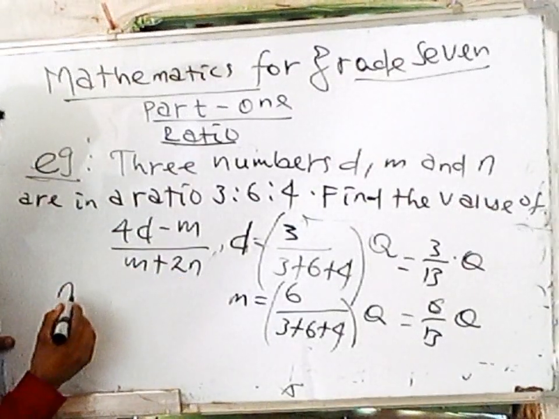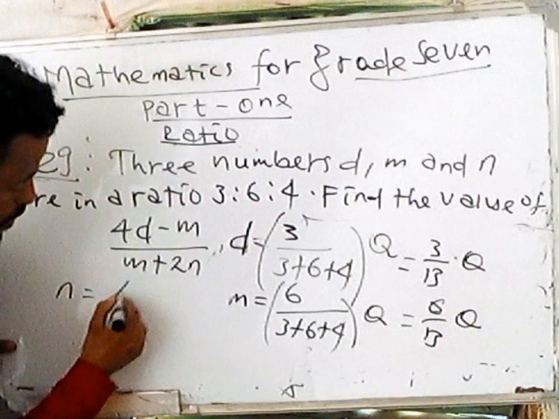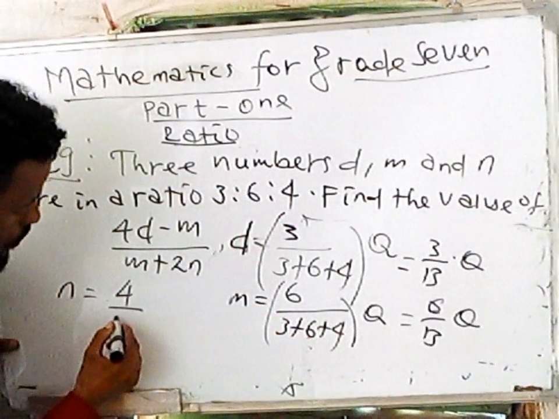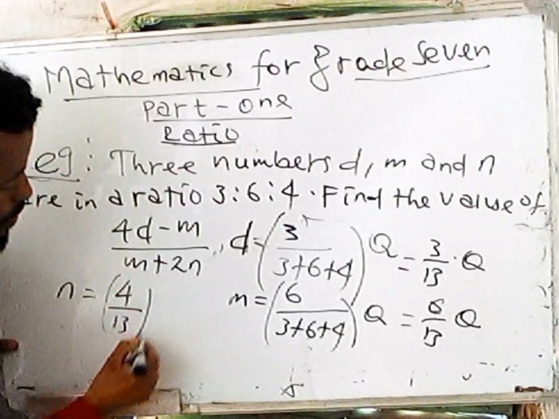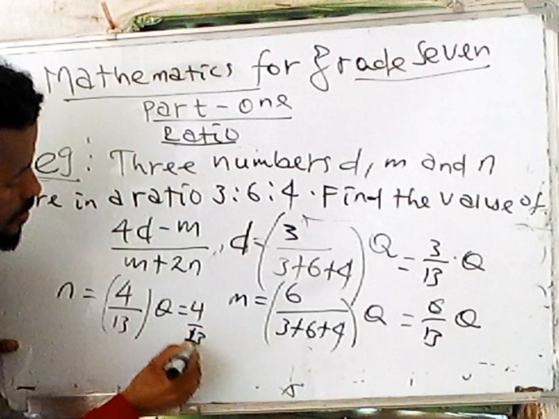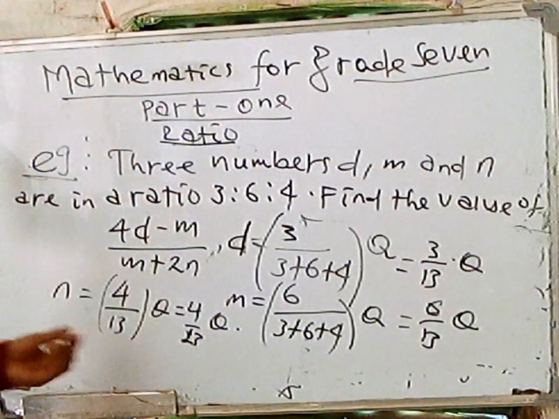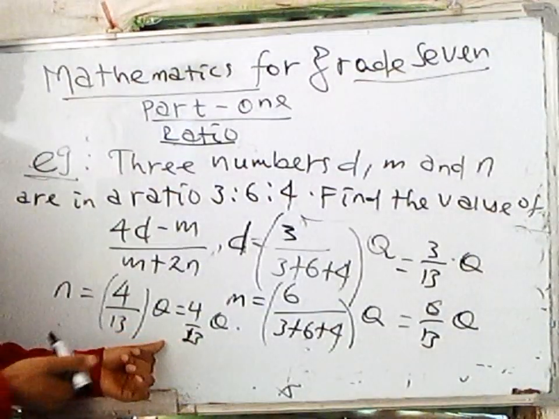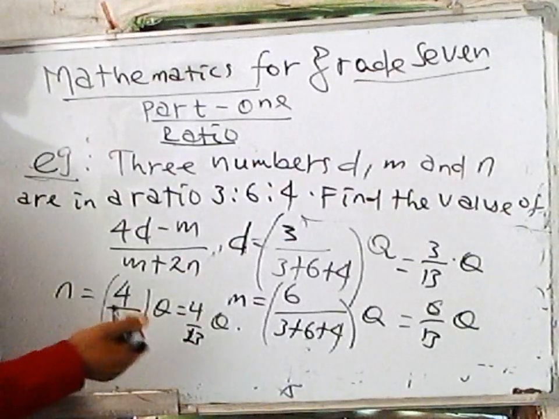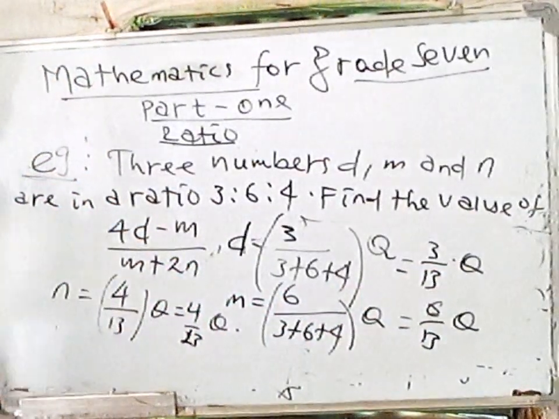N is equal to 4 over 3 plus 6 plus 4, that is 4 over 13 times Q. So now we are going to insert these equations into this question.